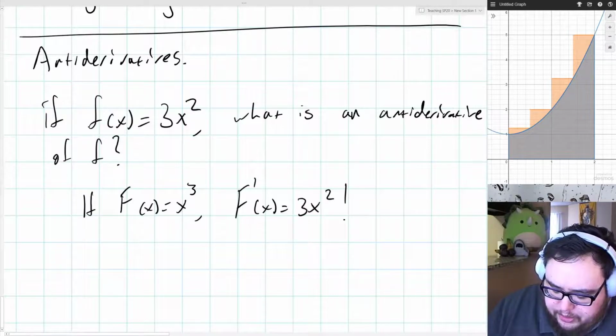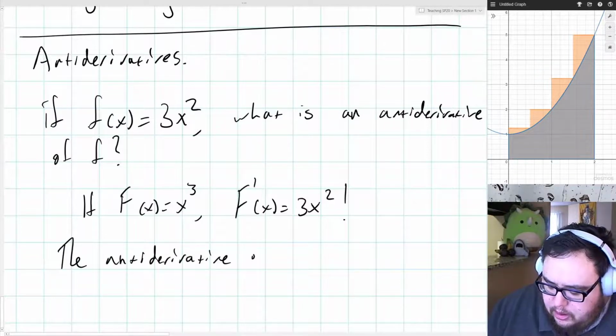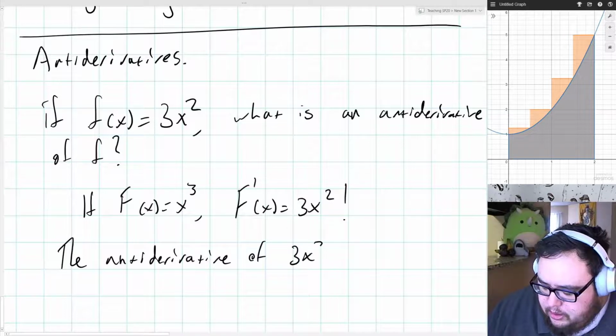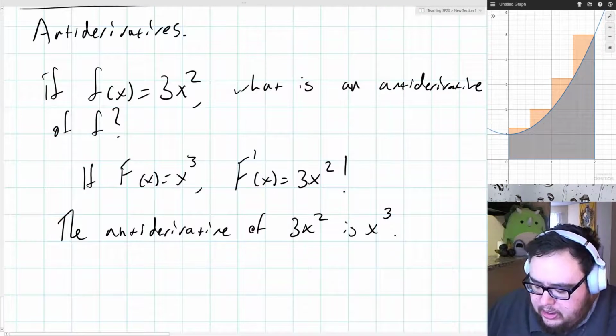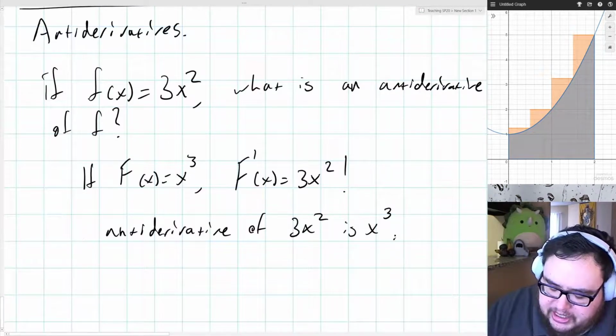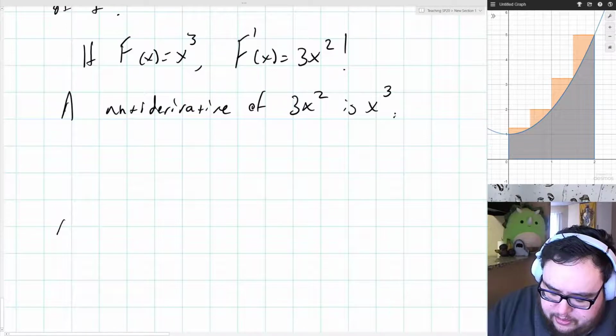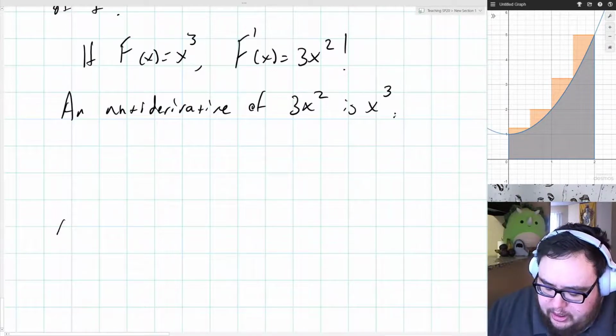So the antiderivative of 3x squared is x cubed. So I shouldn't say the, I should say an antiderivative. Okay?